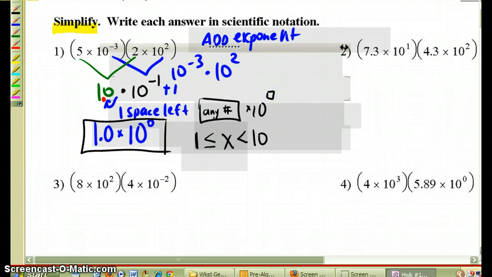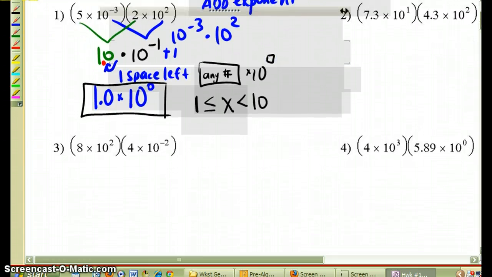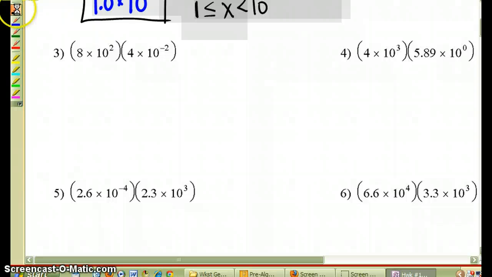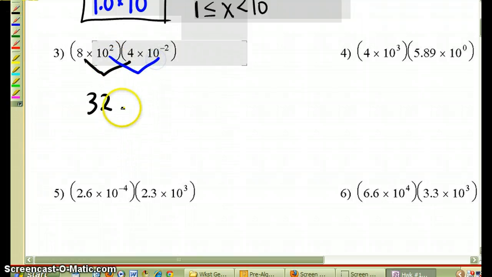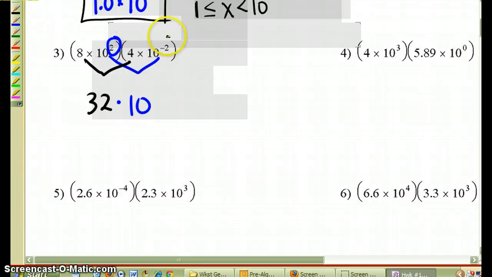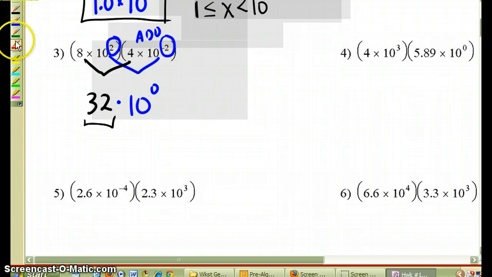Okay, and then number 3, so I am just working through the odd questions. Number 3, I'm going to multiply 8 times 4, which is 32. Then I'm going to take the exponents here, times 10 to the power of now 2 added with negative 2 is going to give us 0. Now 32 is not a number between 1 and 10, so I need to change that and add a decimal.